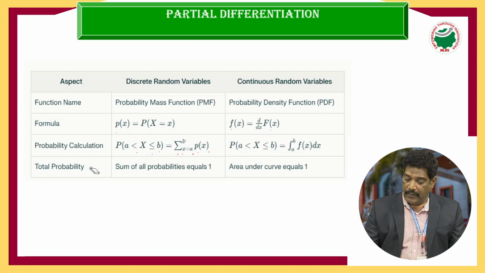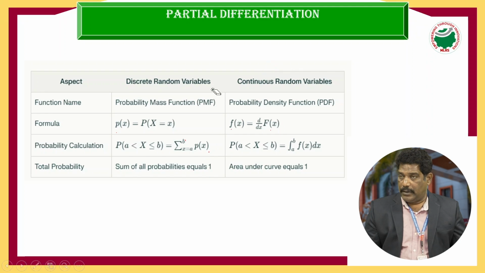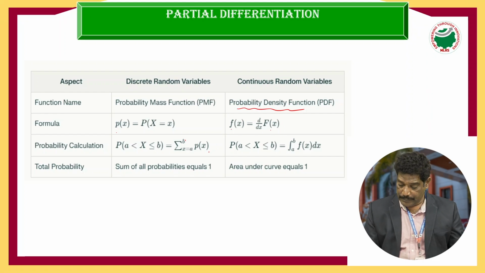But whenever x is a continuous random variable, we need to integrate from a to b, and the calculated value is the probability density function value.